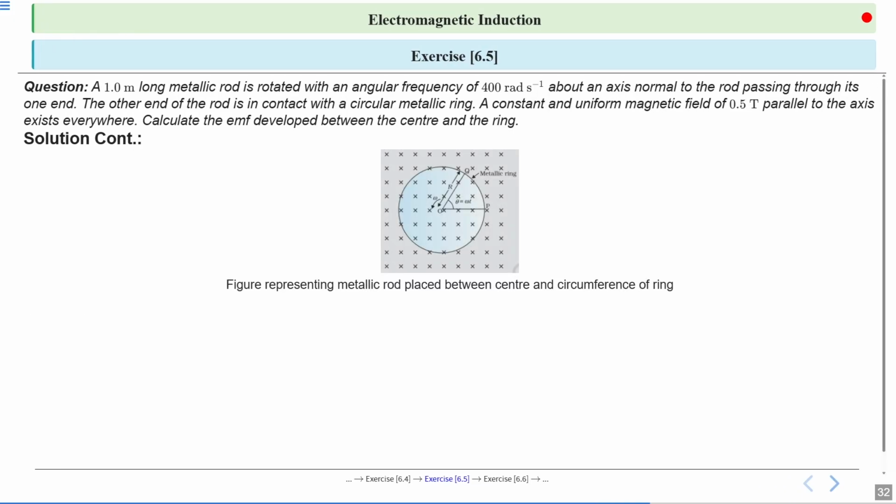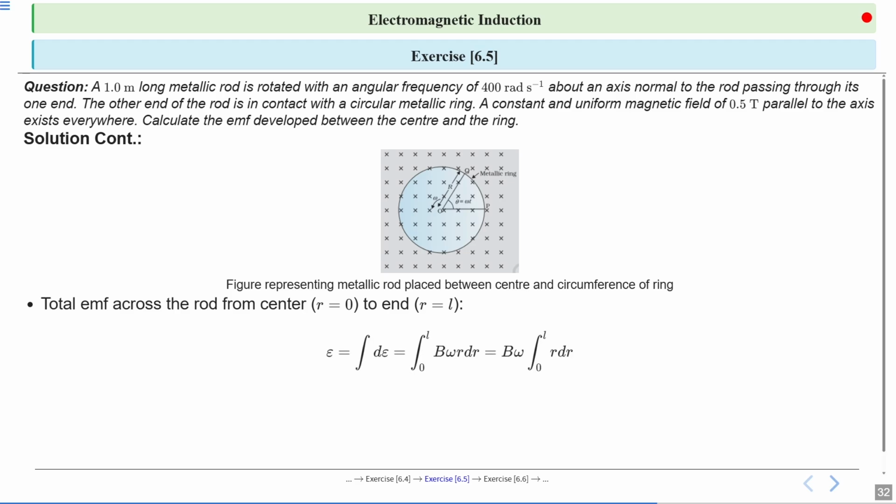Now we will find the total EMF across the rod, from r = 0 to r = L across the whole length. So ε = ∫dε = ∫B ω r dr from 0 to L. B is constant and angular velocity omega is constant, so they come out of the integration.